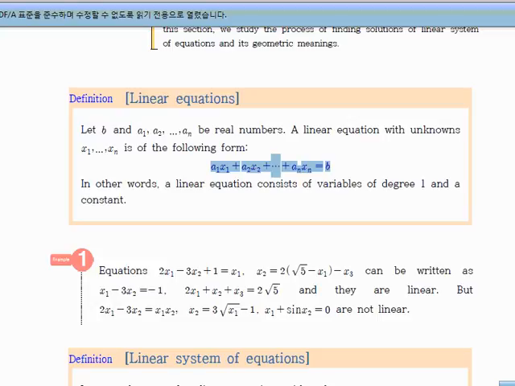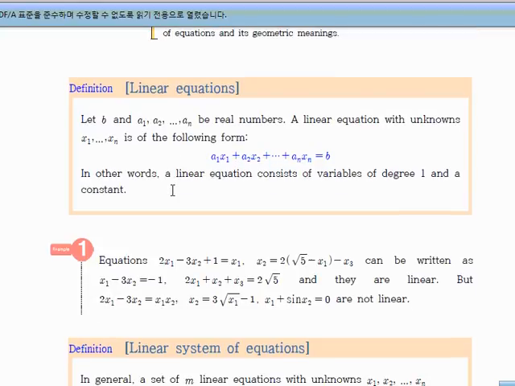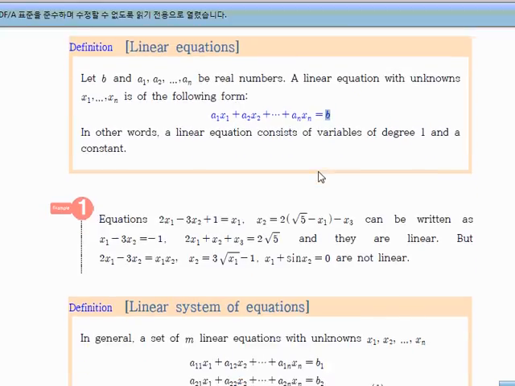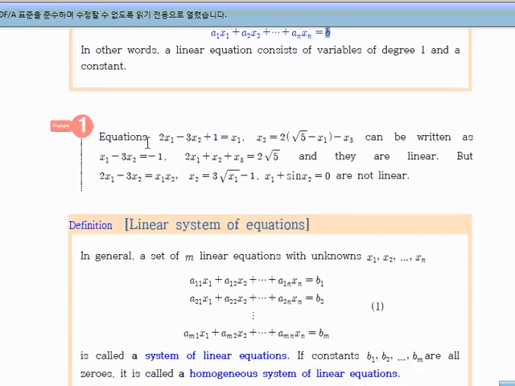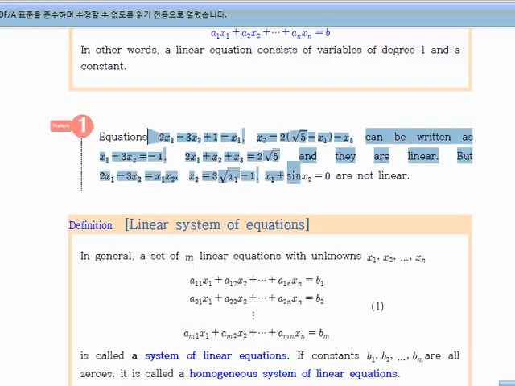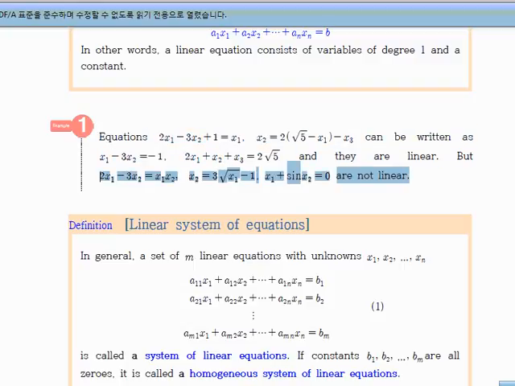Then we call this a linear equation. This part is a linear combination of the variables or unknowns. That's why we call it a linear equation. In other words, a linear equation consists of variables of degree 1 and a constant b, like this. These are examples of linear equations, and these are examples which are not linear equations.